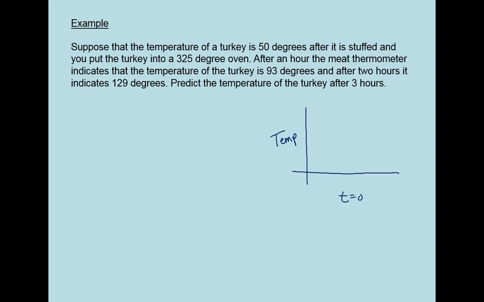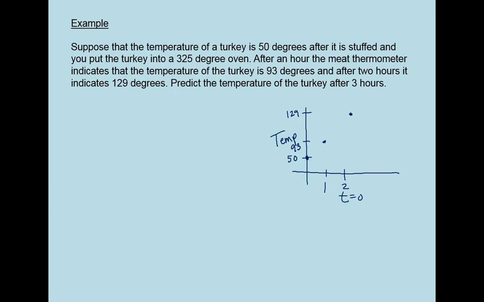So at time 0 we could plot that point. At time 1, 1 hour, the temperature is 93 degrees, so we could plot a point there. After 2 hours, it's 129 degrees, so maybe we're up here at 129.